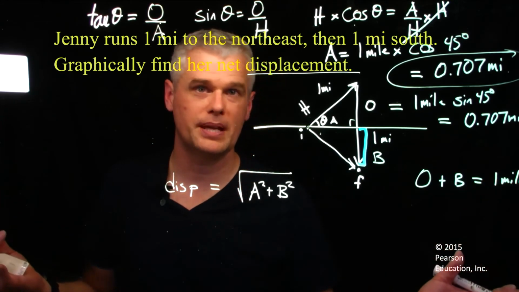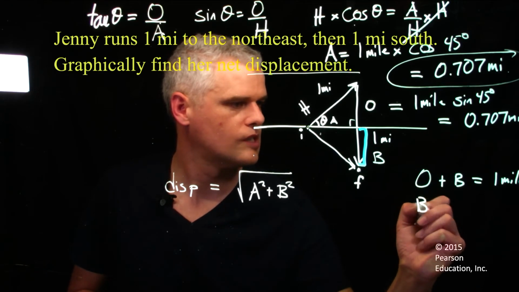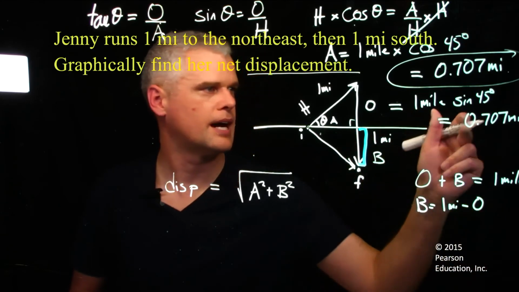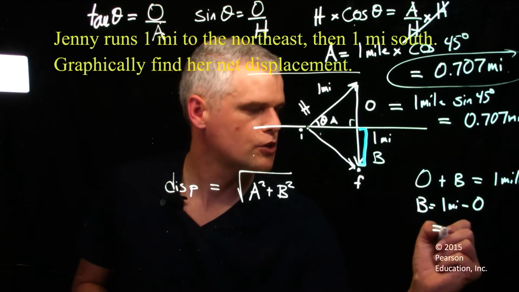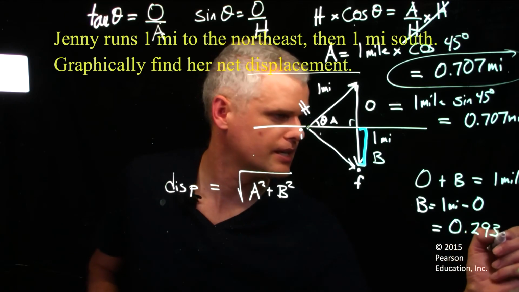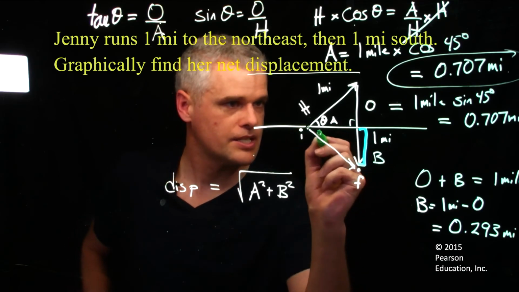So now I put the pieces together and solve. B, therefore, is equal to 1 mile minus the opposite side. The opposite side is 0.707, so B is equal to 0.293 miles.